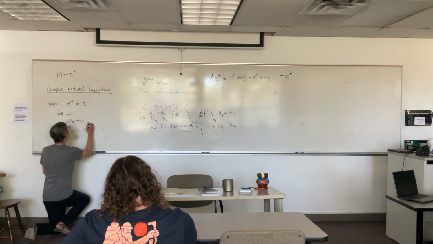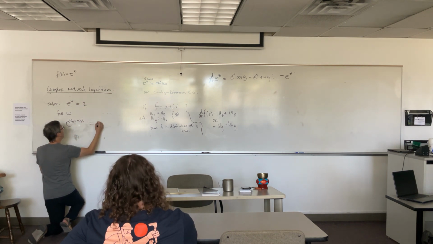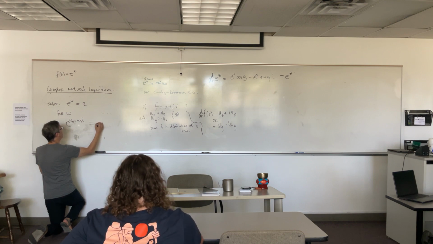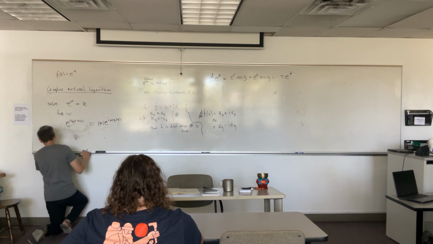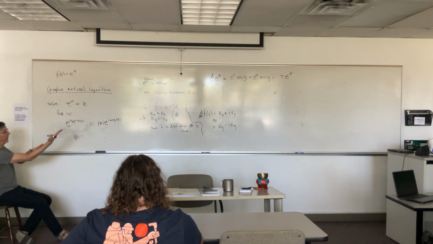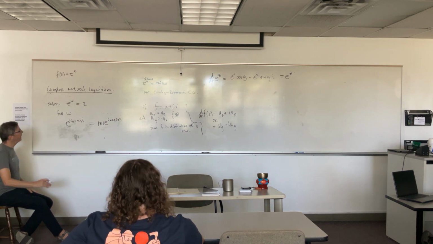So this is going to equal this. I want to write this in a similar form. This is the modulus of z times e to the i times the argument of z. Remember, this function has infinitely many values. They're all the same angle, but there are multiples of 2 pi that kick in.